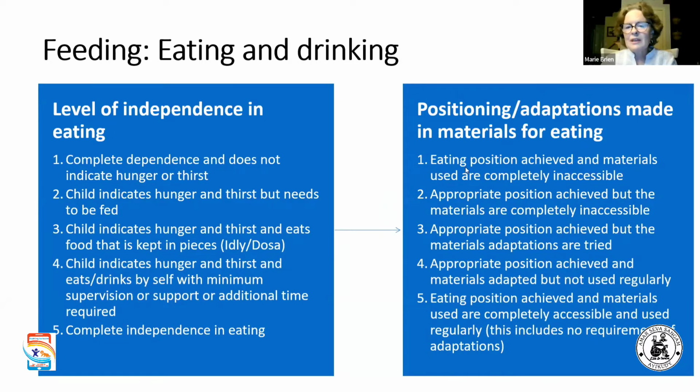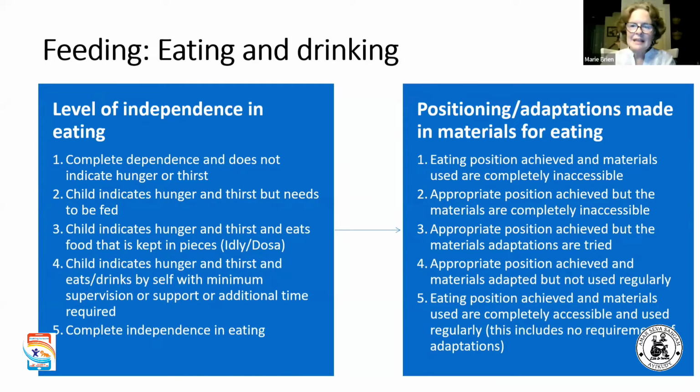So making sure that the eating position is achieved and the materials used are accessible, or if there is an appropriate position but the materials are not accessible, or if adaptations have been tried, and so on, looking at whether or not the child needs adaptations for eating, whether it's sitting support or the plate, or where the child is positioned.